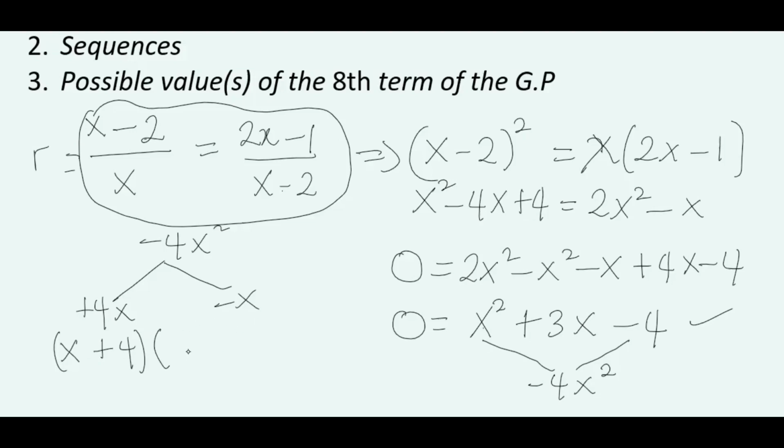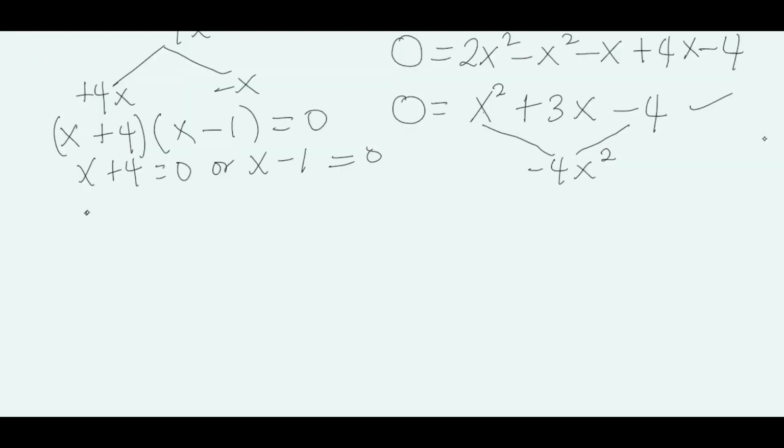You can check on your own and see other lectures you have done. So you now have x plus 4 equals 0 or x minus 1 equals 0. So now x equals minus 4 or x equals 1. You can see we have gotten the same result as the first one we did. So you can use any method you think is appropriate for you.